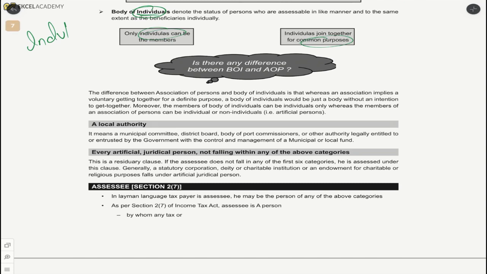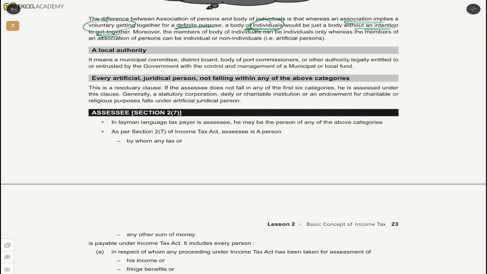The difference here lies in the definition itself. In case of association, it implies a voluntary getting together for a definite purpose, as we saw above. Whereas in case of body of individuals, it would be just a body without any intention to get together, but it should be a body of individuals. Whereas in case of AOP, it could be anyone, including artificial juridical person.